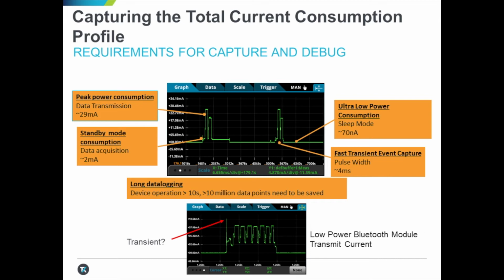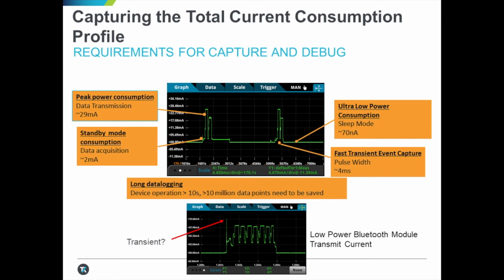Since larger chunks of power are consumed in a transient burst of device operations, where current levels can be more than 1,000 times higher than sleep mode, any transient activity needs to be properly captured in order to properly debug. In summary, you will need instruments that can capture and measure current across a wide dynamic range with confidence, all the way down to sleep mode.